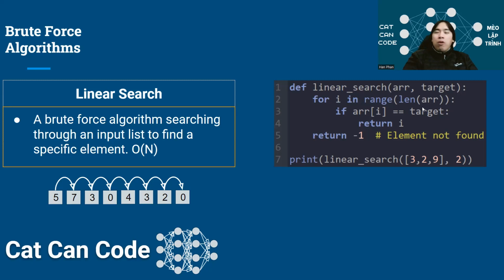I just have a simple for loop going through all the elements in the array, and when I find the element that is equal to my target, I return that index. If I reach the end of the for loop and still don't see it, I return -1 to say that the element is not found.